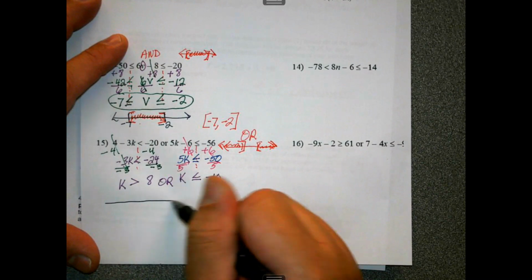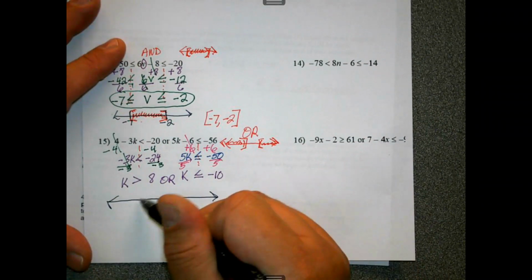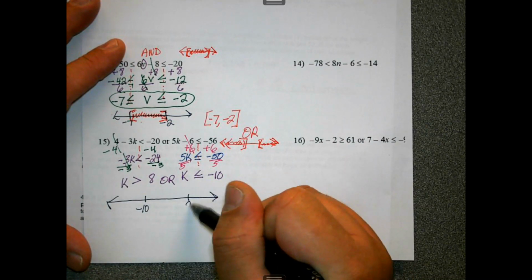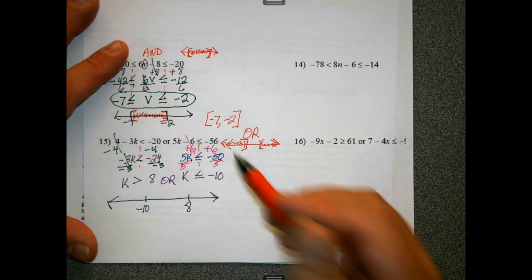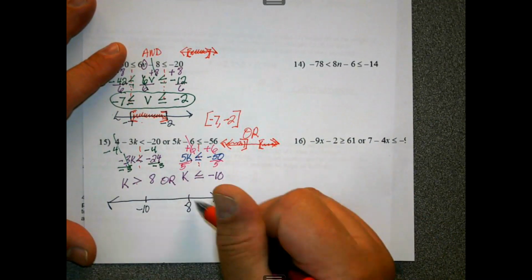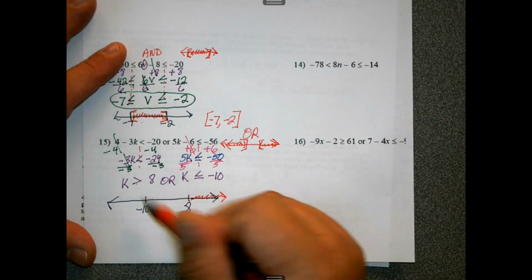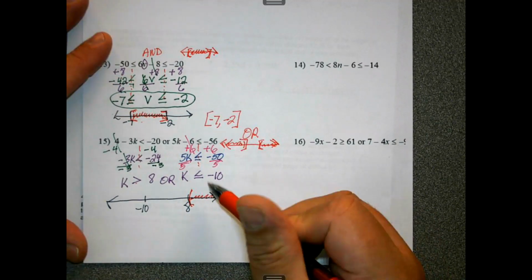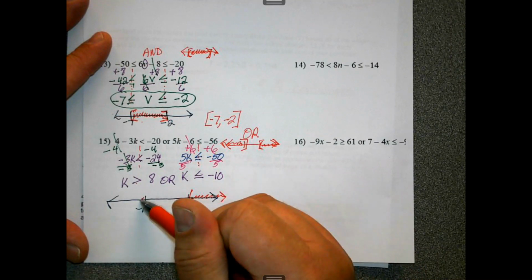Graph it. My smaller number is negative 10. Bigger number is 8. I know I'm going to be shading the both ors. So all of those numbers greater than 8, or follow the sign. No equal sign, so parenthesis. All of those numbers less than negative 10, or follow the sign.